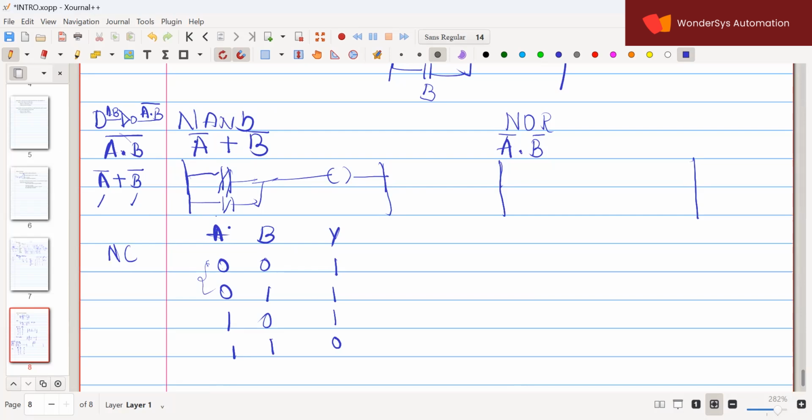Now, to use it in parallel or series connection, you have to check whether for any one zero condition the output is getting high, or only for one condition the output is getting high. If for any one condition the output is getting high, then we have to go for a parallel connection.